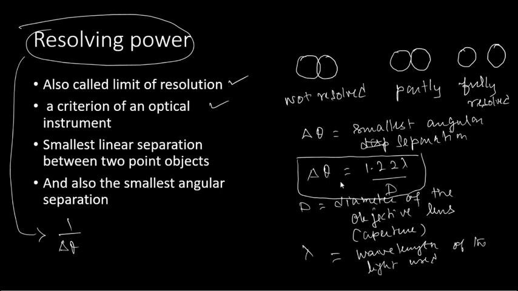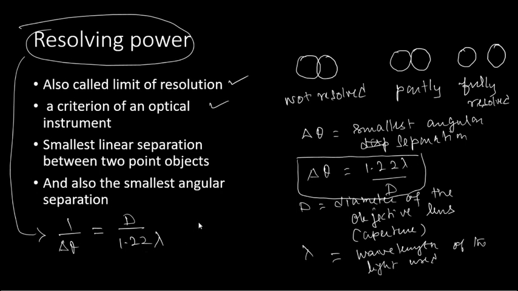So if delta theta is equal to 1.22 lambda divided by d, then 1 by delta theta is d divided by 1.22 lambda. So this is called the resolving power.